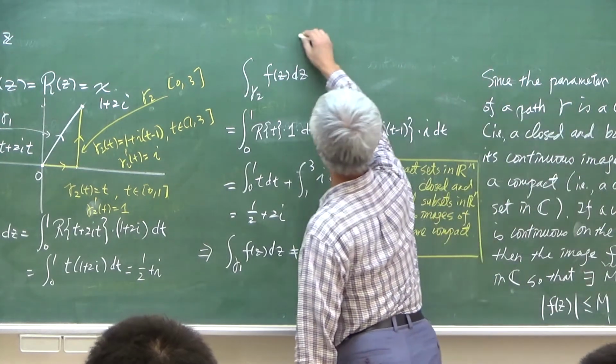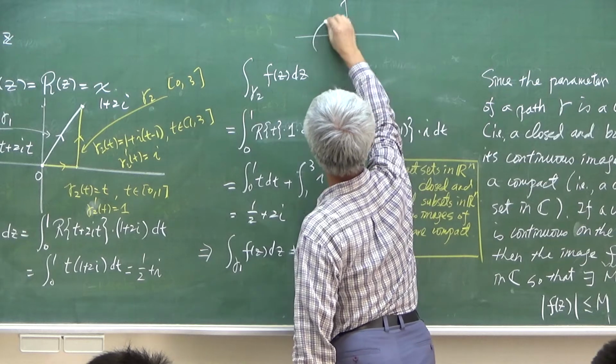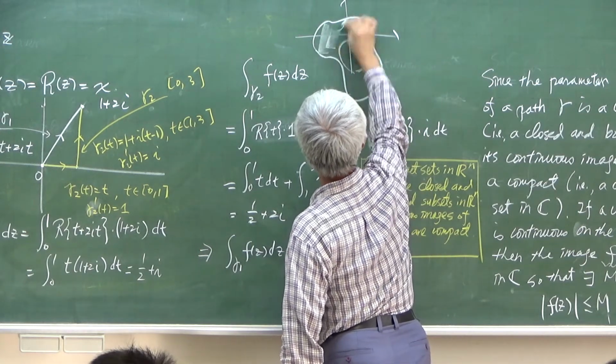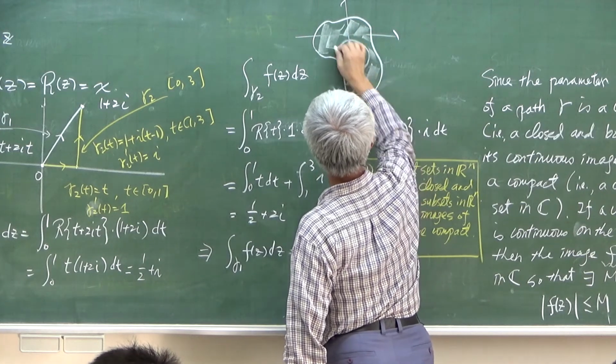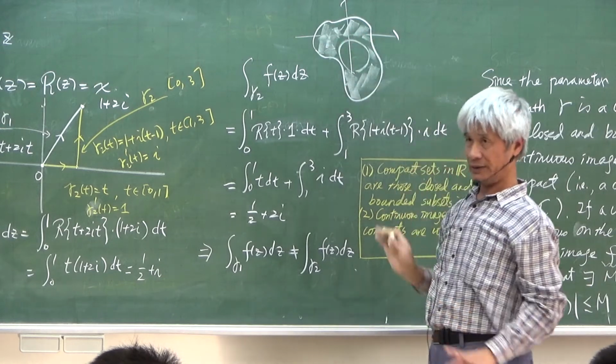So if you have a compact set in the plane like this one, and you have a hole here, this is a compact set. Compact is bounded and closed, so it includes the boundaries.